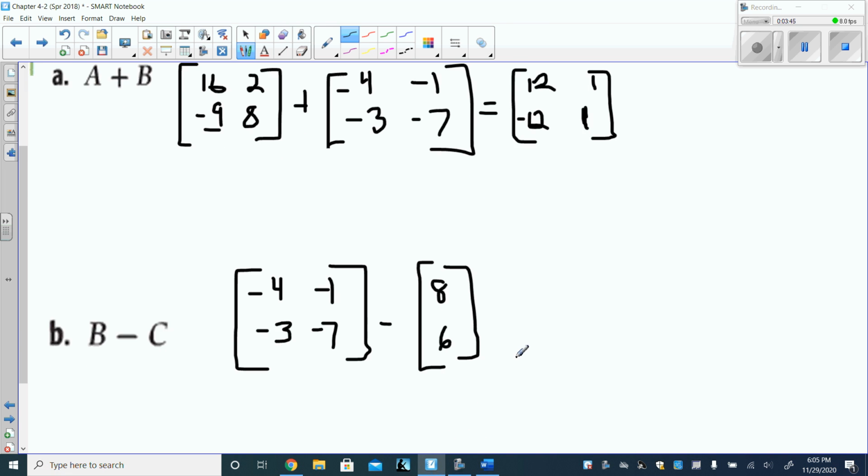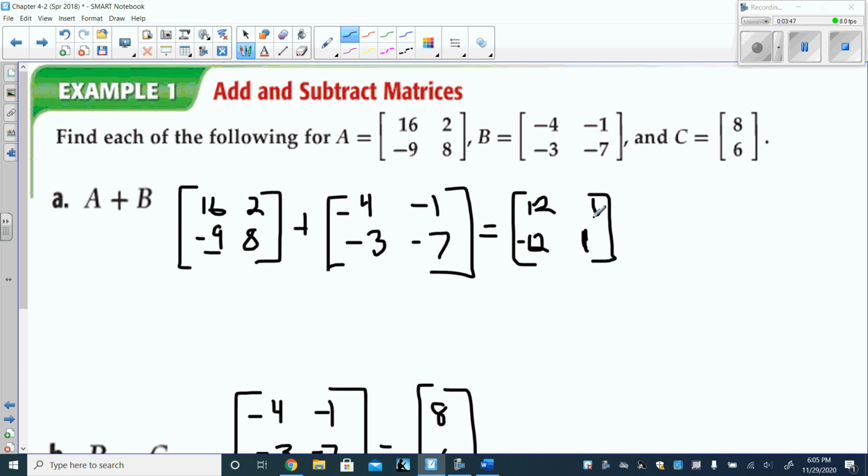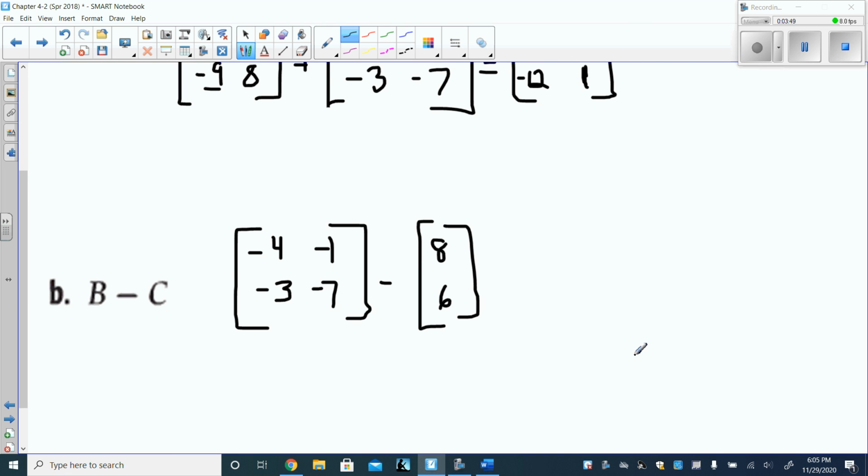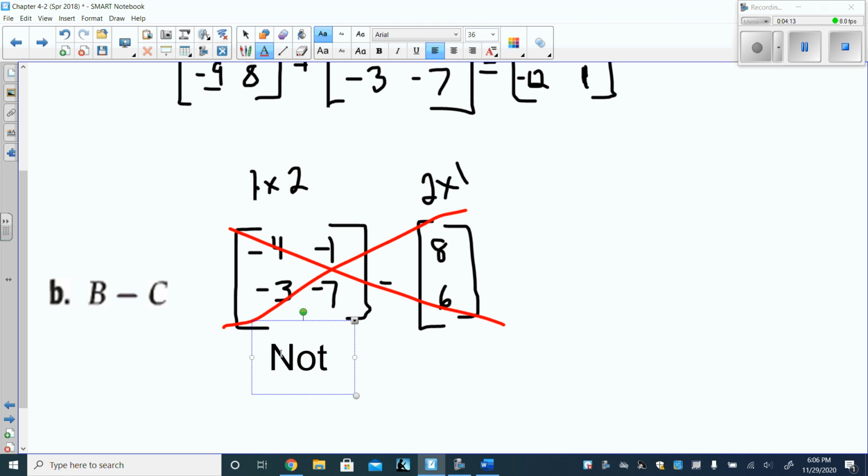So we're having B minus C. Again, whenever we add or subtract two matrices, they have to have the exact same dimensions. Matrix B is a 2 by 2, and matrix C is a 2 by 1. The dimensions of these two matrices are not the exact same, so I cannot subtract them. Because the dimensions are not the same, this is not possible.